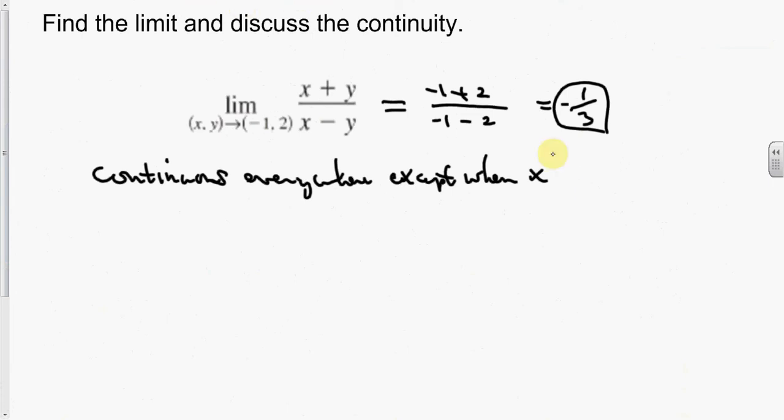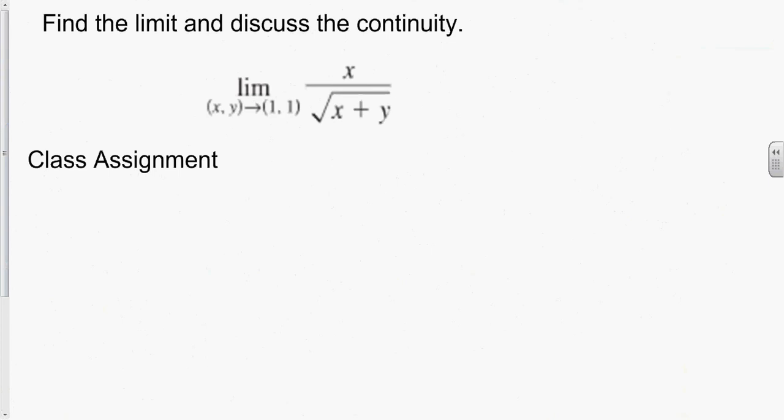Except when x is equal to y. Okay. Continuous everywhere except when x equal to y. Any questions so far? All right. You find that limit and then tell me where this function is continuous.